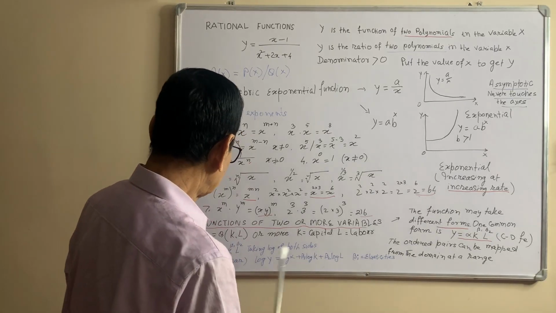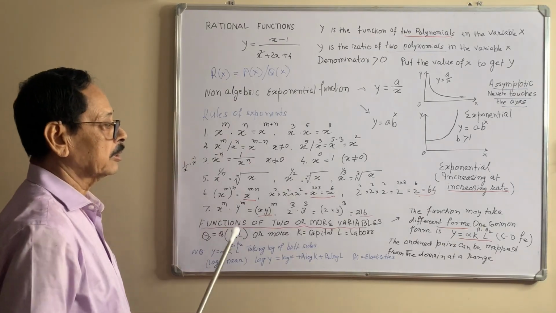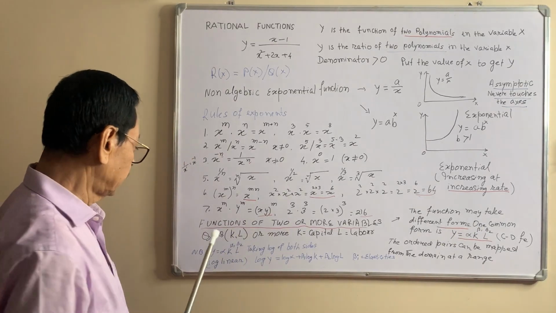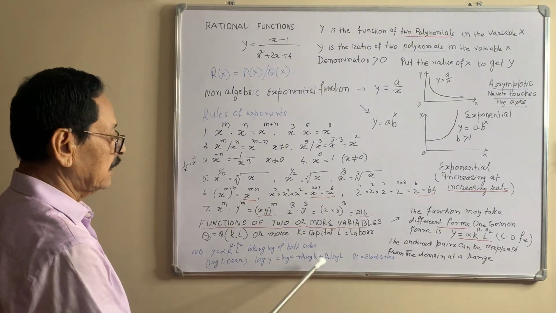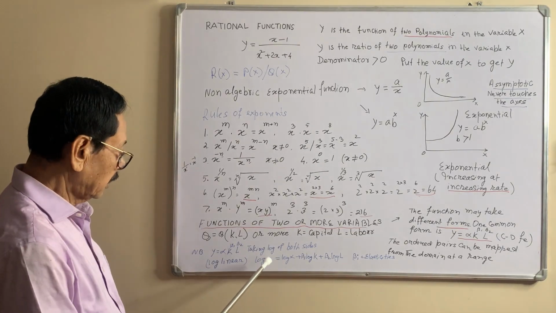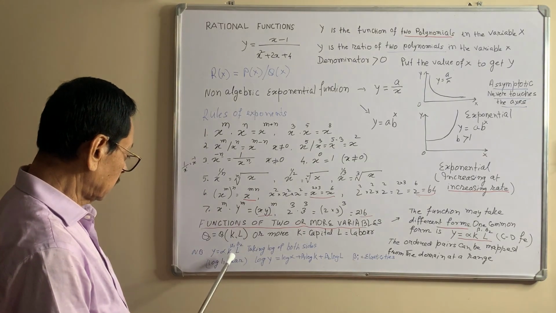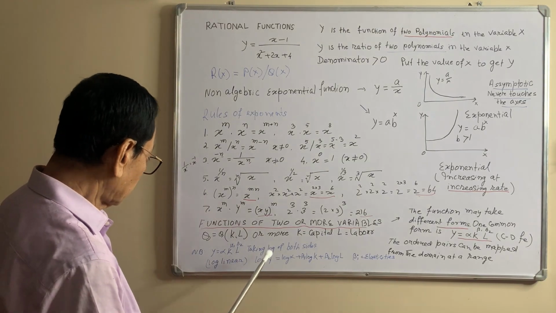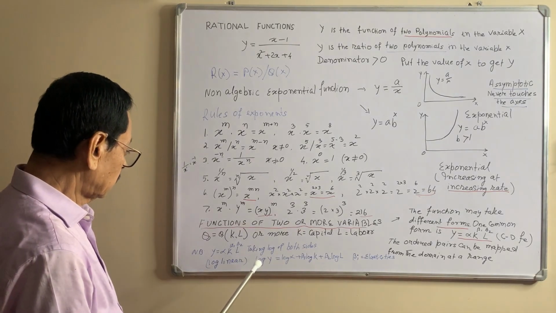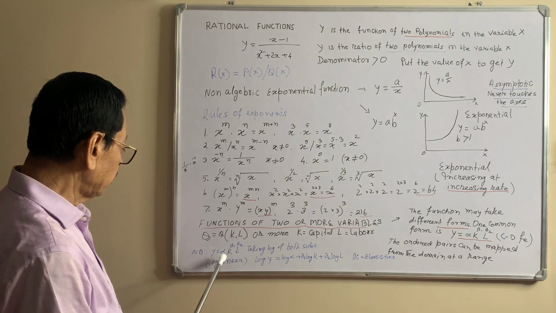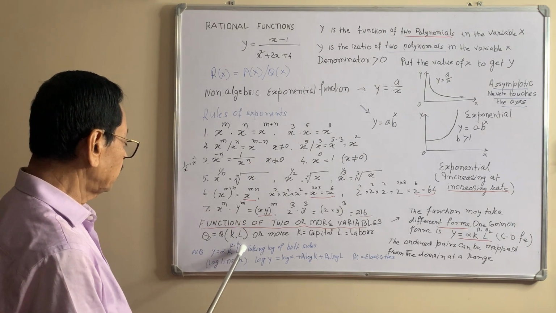Now, if we come across this kind of function, or apply it in the practical field, then there are certain methods to find out the parameters. Suppose y is equal to alpha K to the power beta 1 L to the power beta 2.